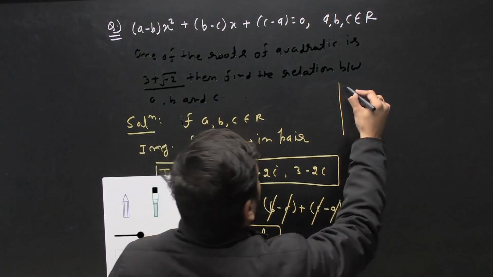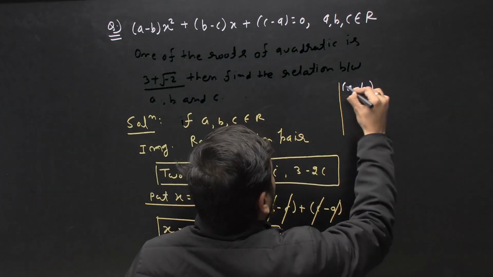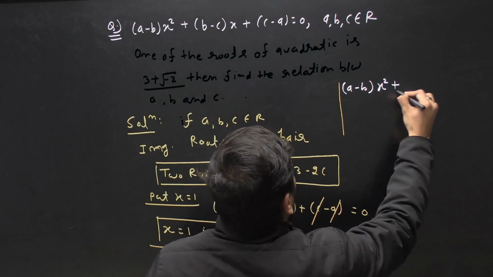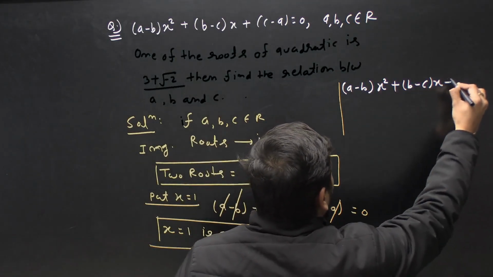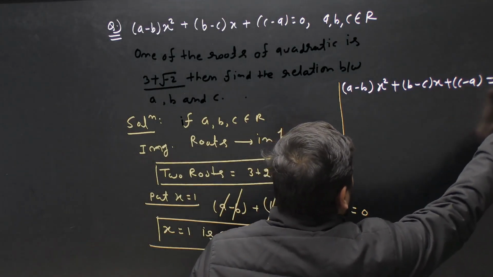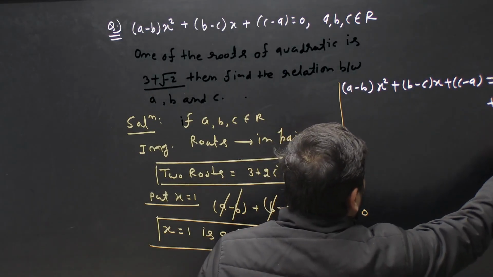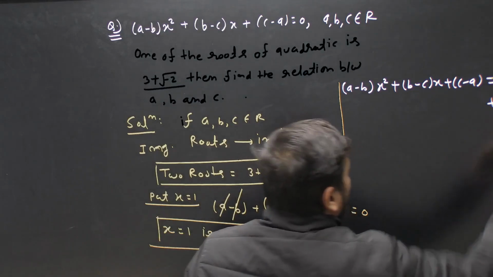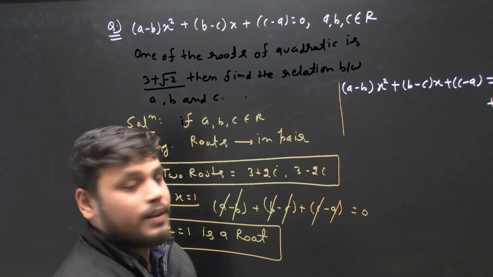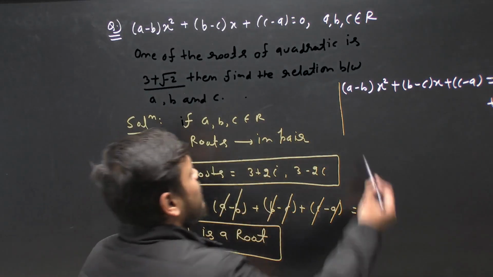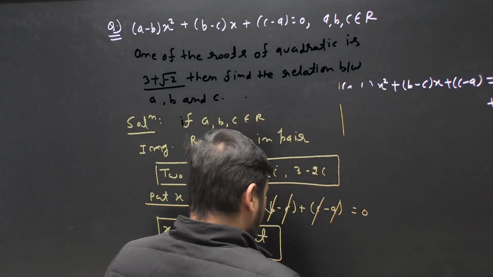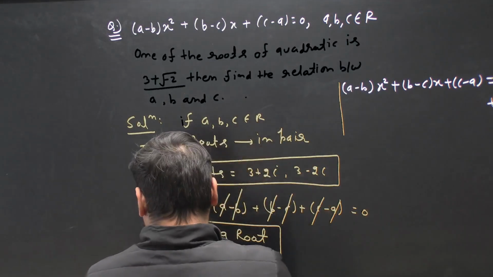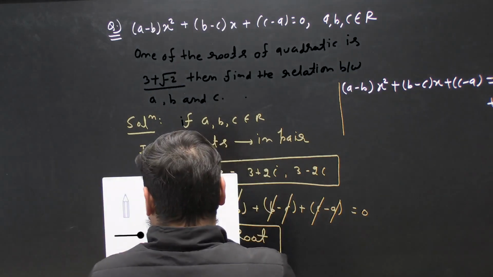So it is true for all values of x: (a − b)x² + (b − c)x + (c − a) = 0 for all x. If it is an identity, then all the coefficients should be equal to 0.